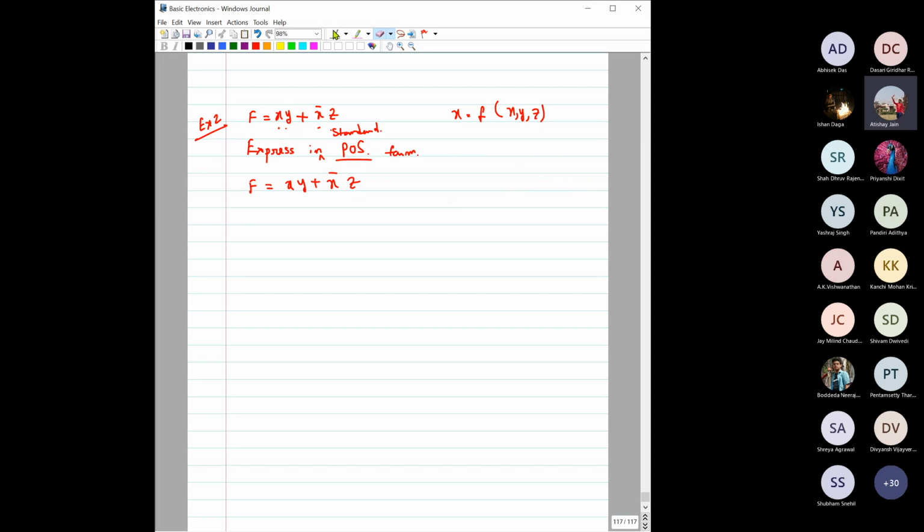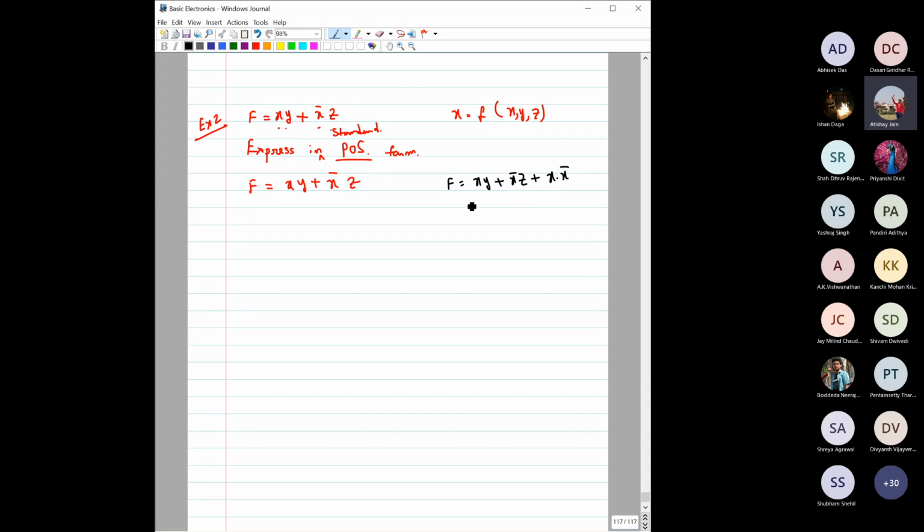Okay, let me write it. xy plus x bar z plus x bar z plus x bar. Yeah, fine. I'm not saying it should be x bar only. We can write x bar or y bar or z bar and make some combination. But how will this help you? We can take something common if possible.